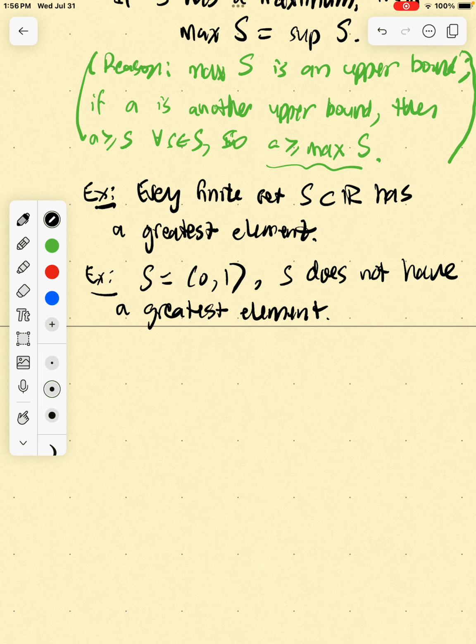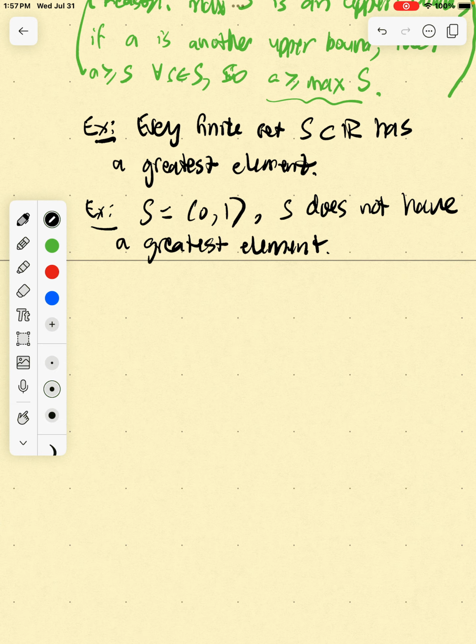If there were some element in the interval that were greatest, the thing is that whenever you have an element in this interval, here's the interval from 0 to 1, let's say this is x, you can always take a number that's halfway between x and 1.